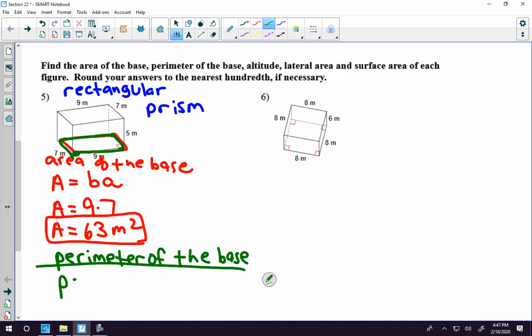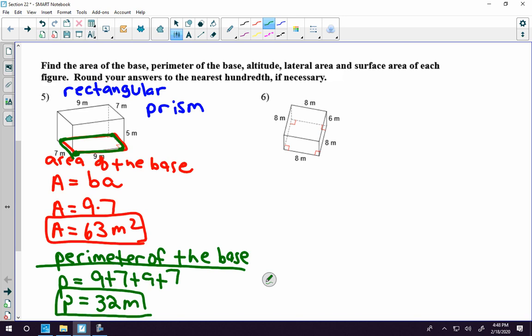So 9 plus 7 is 16, plus another 16 is 32 meters. So the perimeter of the base is definitely 32 meters.